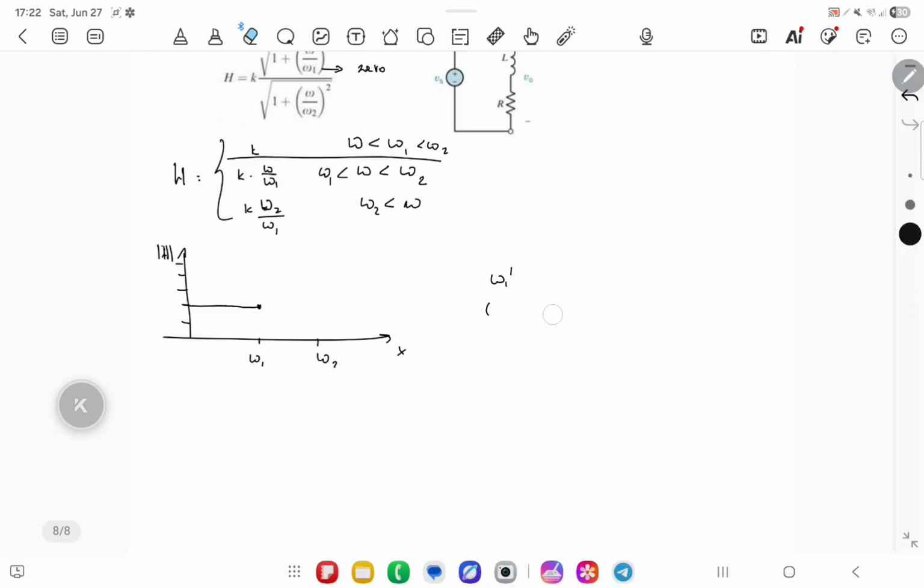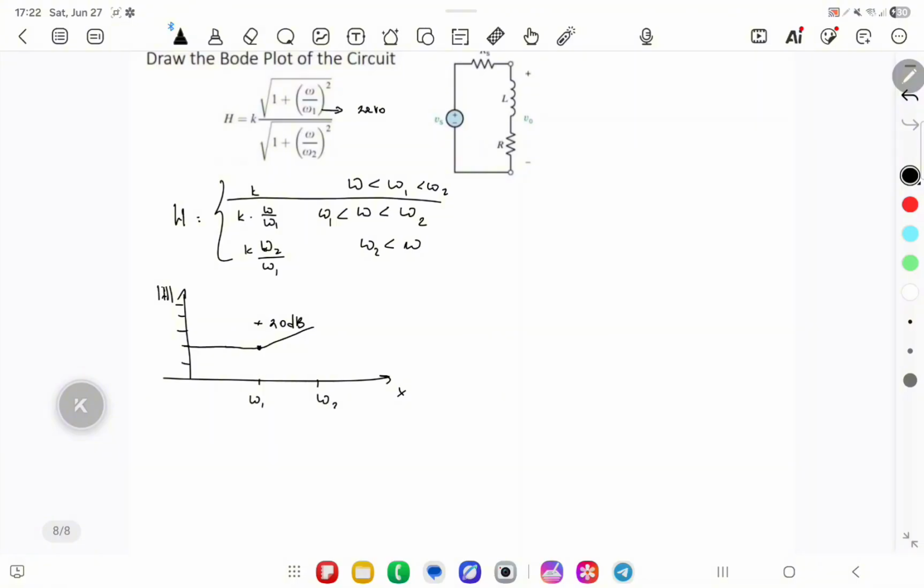But if you have two zeros at one frequency, it will increase by 40 dB. If you have 3 of them, it will increase by 60 dB, and so on. But for now, since we have only one zero, that is at omega 1, it will increase only by 20 decibels, plus 20 decibels. As easy as it is.